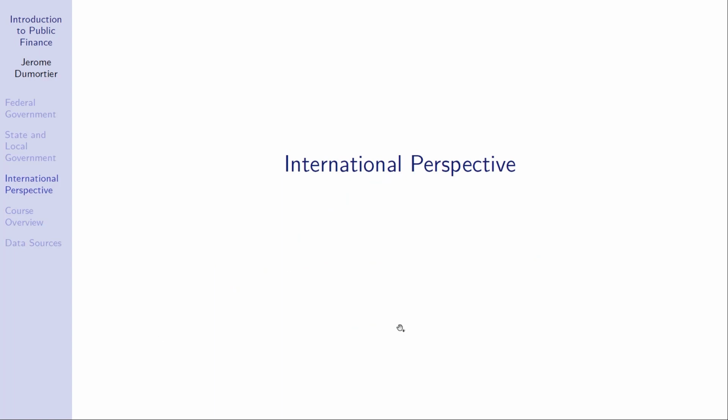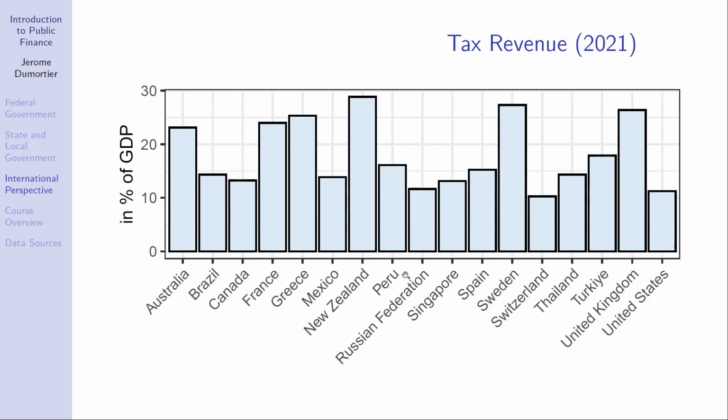Now, let us have a look at other countries and how the US compares to other countries. And for this purpose, I have downloaded data from the World Development Indicators from the World Bank. And here in this graph, you see the tax revenue of the central government as a share of the GDP of the respective country.